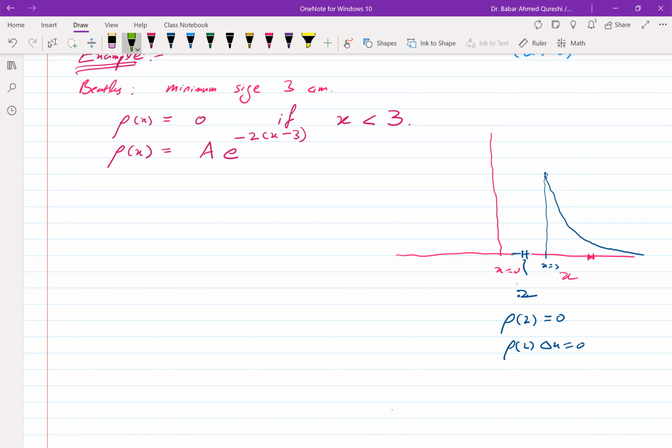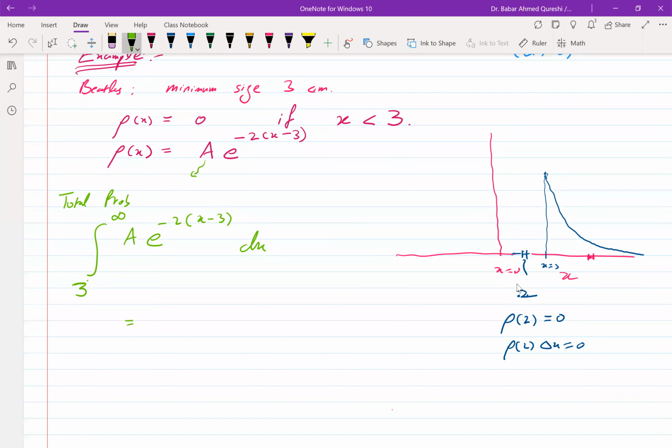Okay, thank you. So now, if this is a probability, then I want the total probability to be 1. That will fix this number A. If you are given a probability which is not normalized, you need to normalize it by hand. So the total probability would be what? You start summing bins from 3 up to infinity, and I can do this integral.